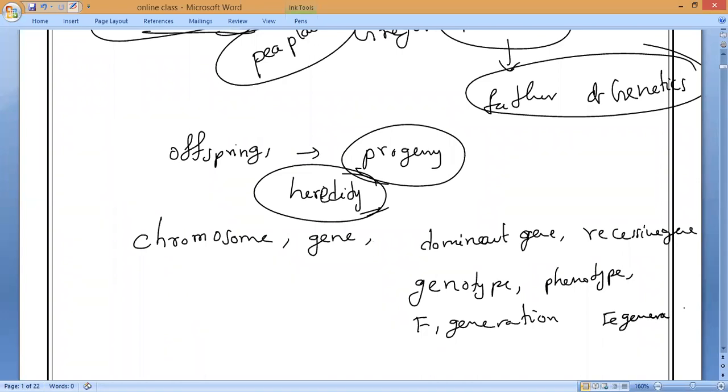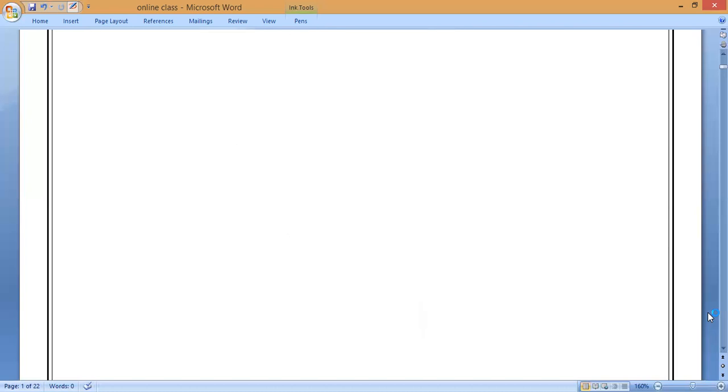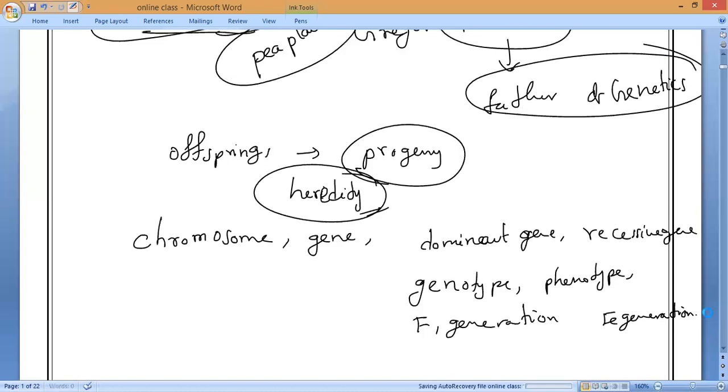These are the new words which we will get in this chapter. The entire concept of heredity depends on these words only. Now let us describe them one by one.